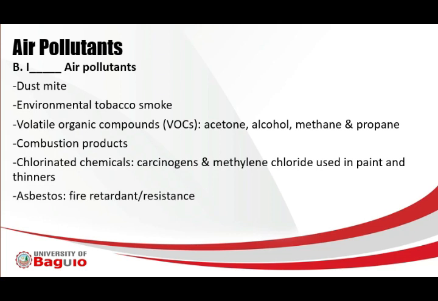And we also have asbestos. I don't know if you have heard about the term asbestos, but this is also known as a fire retardant, or a fire-resistant type of chemical that they apply particularly in constructing a house or a building.